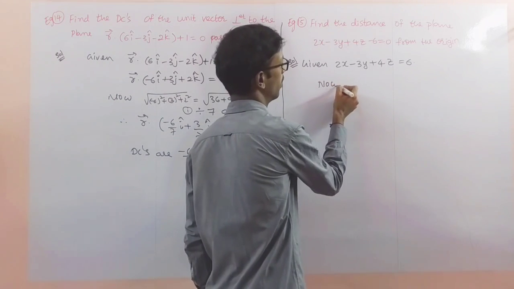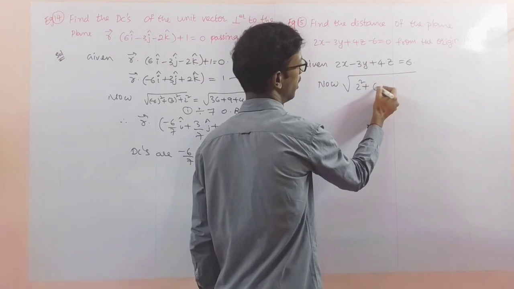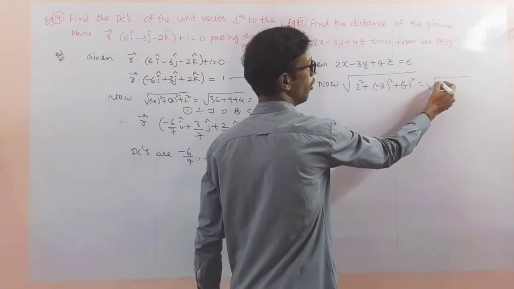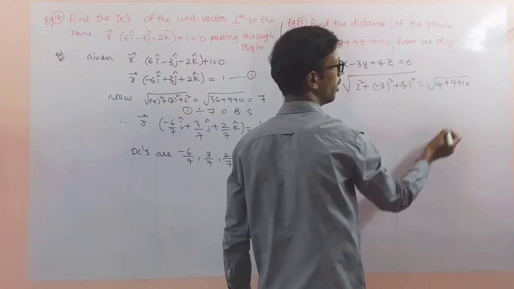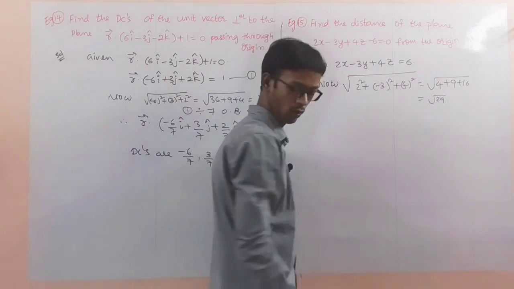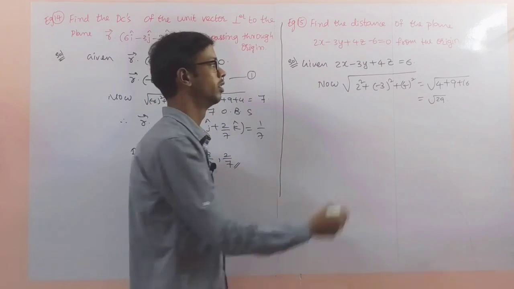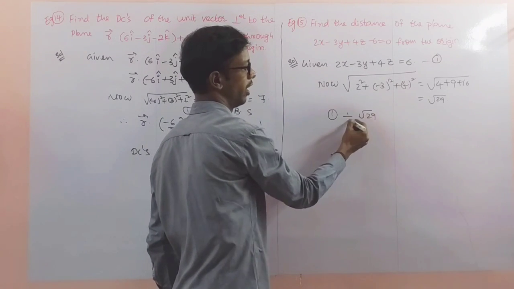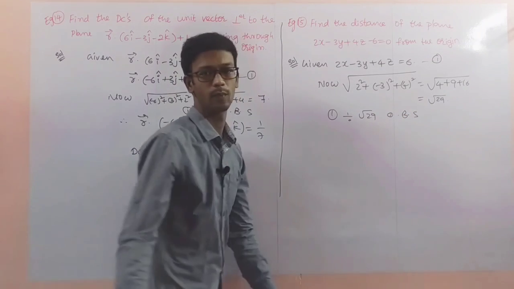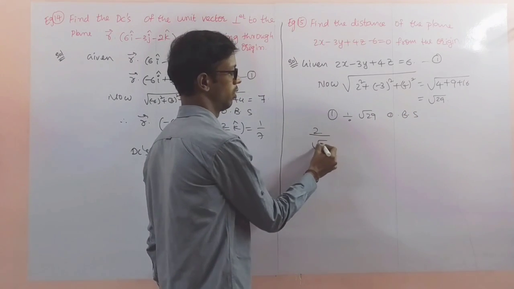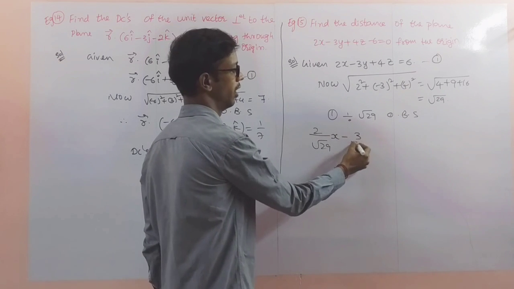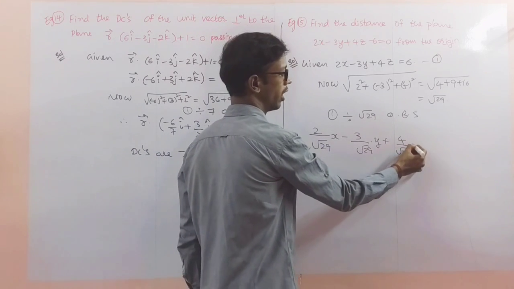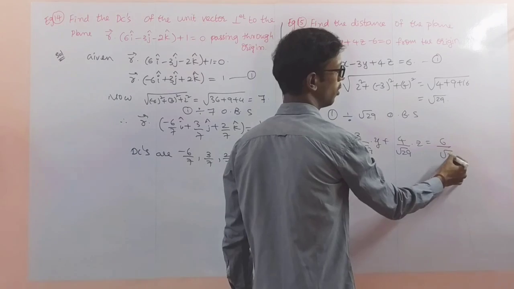Now, square root of the sum of coefficient squares: root of 4 plus 9 plus 16, root 29. Equation 1 divided by root 29 on both sides. Now it becomes 2 by root 29 into x minus 3 by root 29 into y plus 4 by root 29 into z equal to 6 by root 29.